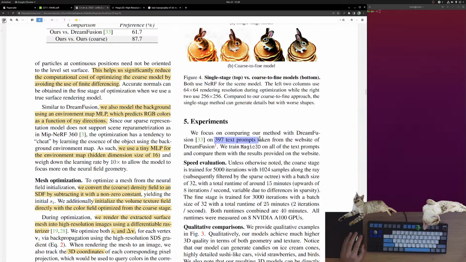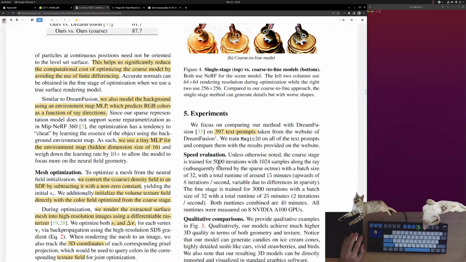So the evaluation data set is 397 text prompts. Coarse stage is trained for 5,000 iterations with 1,024 samples along the ray, subsequently filtered by the sparse octree. So in the coarse step, you have a 64 by 64 image.